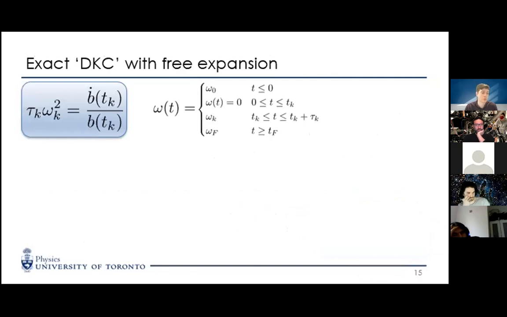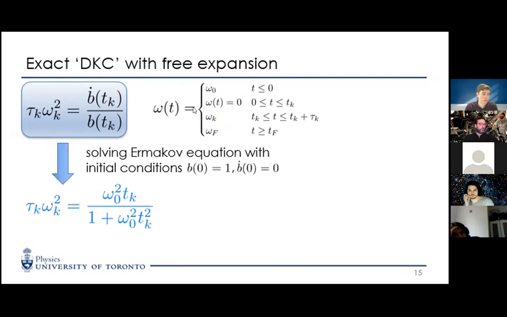So we can now do this for a given expansion protocol. And in particular, maybe the first interesting thing to do would be to calculate the kick for a standard delta-kick cooling protocol. So we just are looking at free space expansion. Well, to do that, we need to solve the Ermakov equation with these initial conditions, that it's initially at equilibrium.